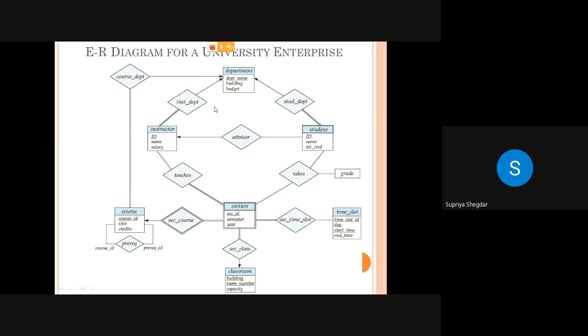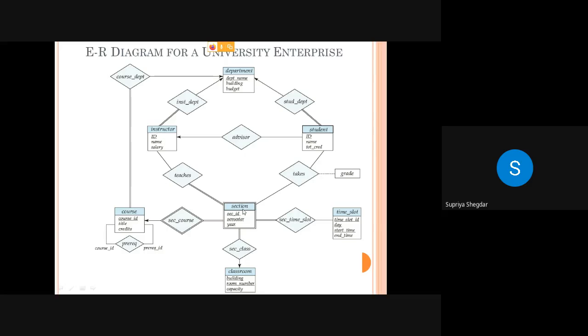Then here we have added some mapping cardinalities. Okay, if we consider from instructor to the student, so it is a one to many relationship. Then here the total participation is also represented between the student and the department relationship.